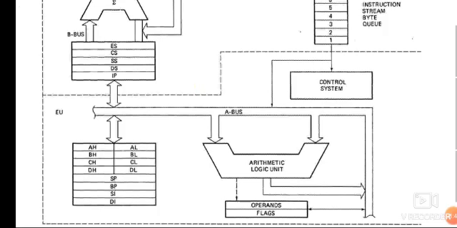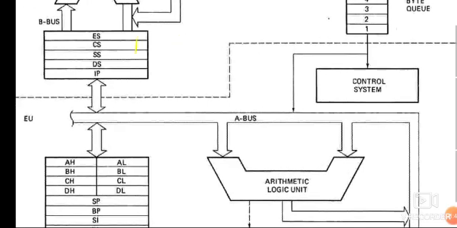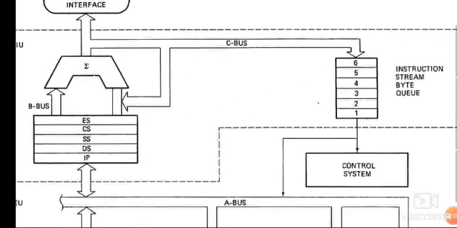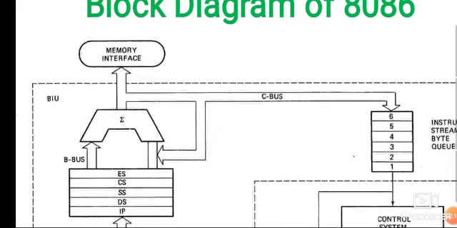The bus interface unit consists of the segment registers, which are the extra segment, code segment, stack segment, and data segment, along with the instruction pointer. It also has a 6-byte instruction queue, which is connected to a memory interface where it will communicate with the outside world.